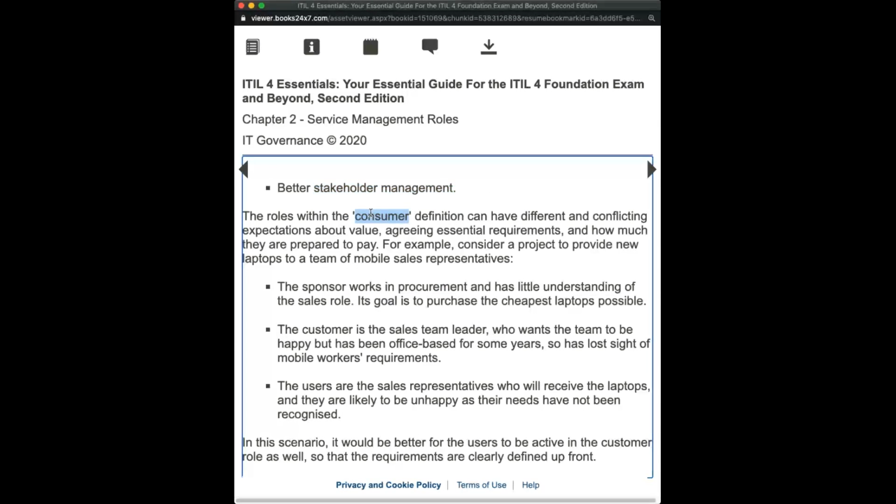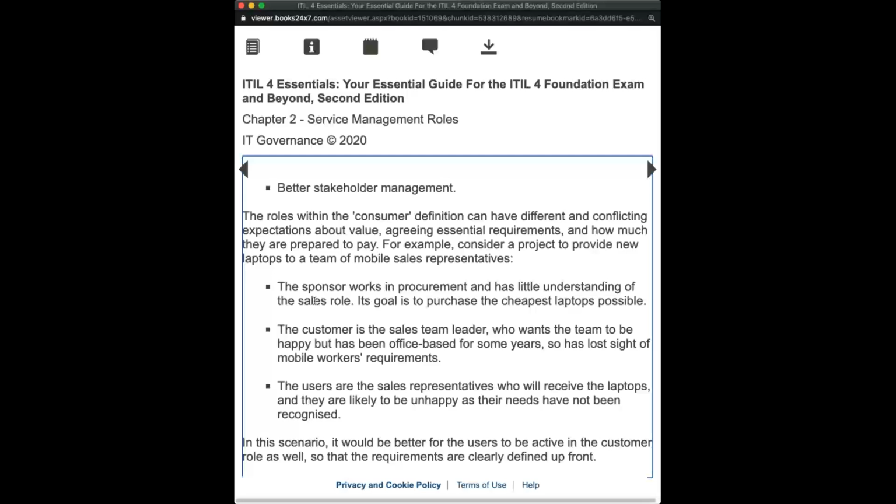Okay, the consumer can have different and conflicting expectations about value, agreeing essential requirements and how much they are prepared to pay. This is an example again. There's a project to provide new laptops to a sales representative. So the sponsor works in procurement, right?